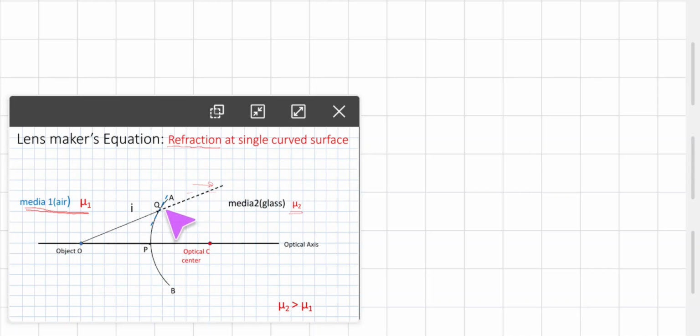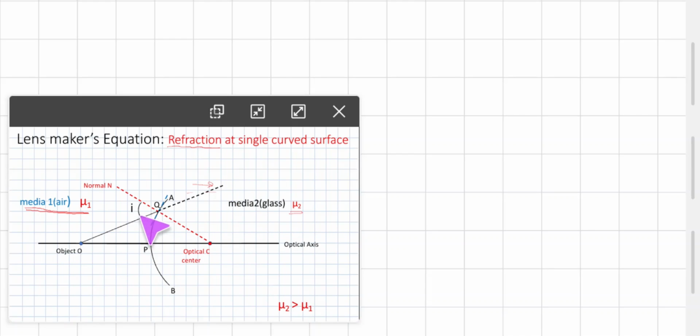Here I've shown the straight path of the ray, but at point Q the normal is drawn. How exactly is it drawn? From the optical center a straight line is drawn in that direction, and we get the normal. This is the normal to the surface of the lens at point Q, and now instead of going straight, the light bends towards the normal and travels in this direction.